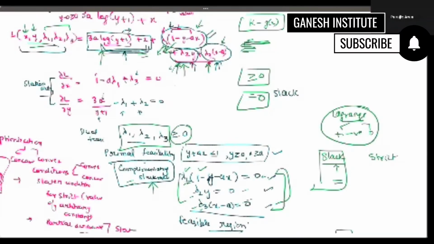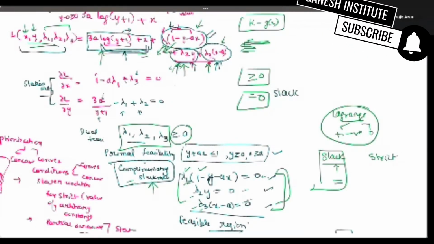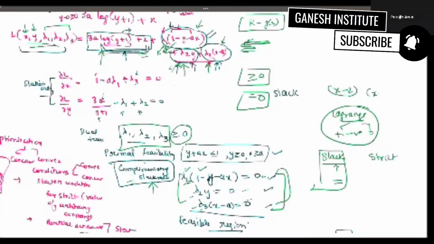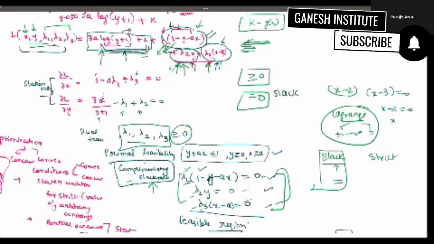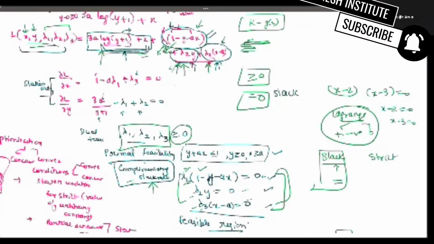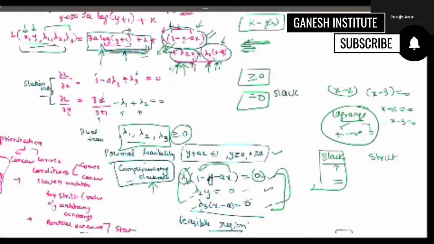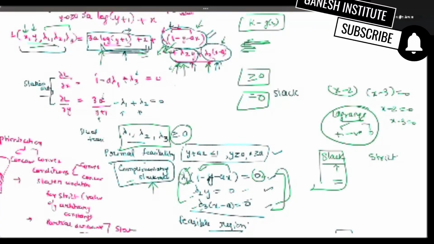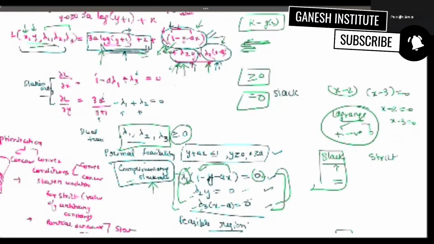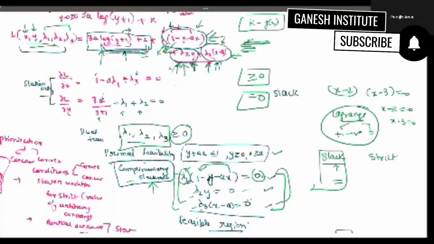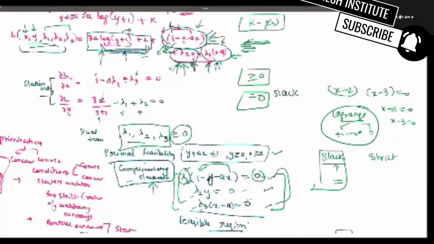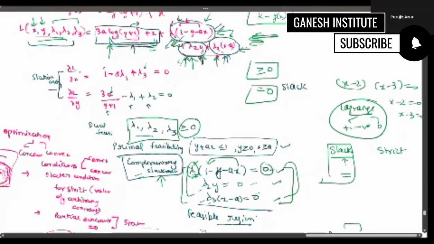If I have x minus 2, x minus 3 as factors and I'm substituting 0, then x minus 2 is 0, x minus 3 is also 0. Lambda 1 is 0, and 1 minus y minus ax is 0. We are just keeping these constraints in mind, and we have the slack equal to 0.